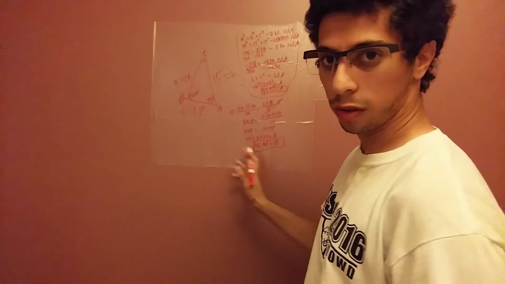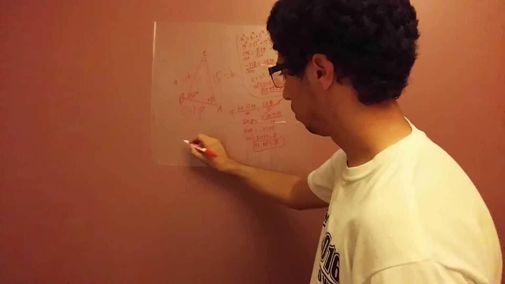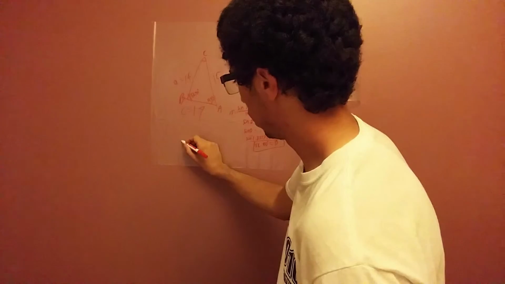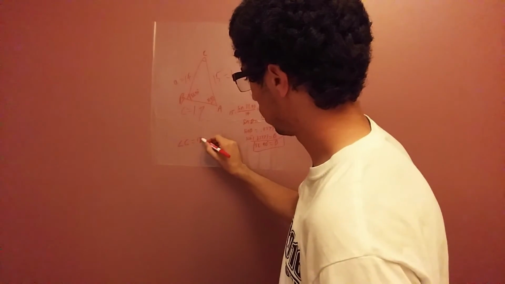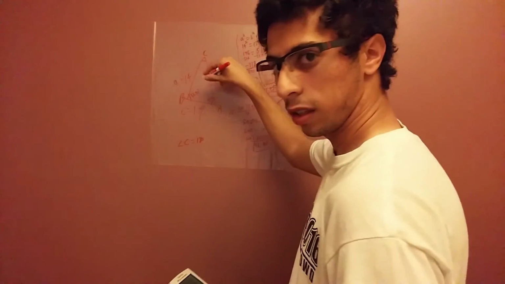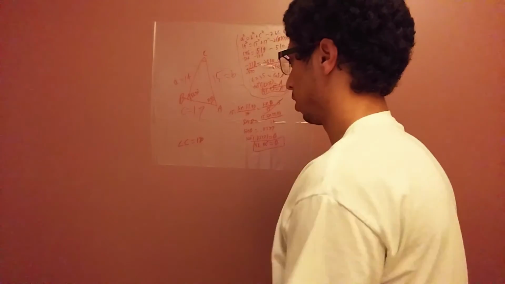So then you can just do the regular stuff. Angle C equals 180, because the inside angles of a triangle always add up to 180 degrees.